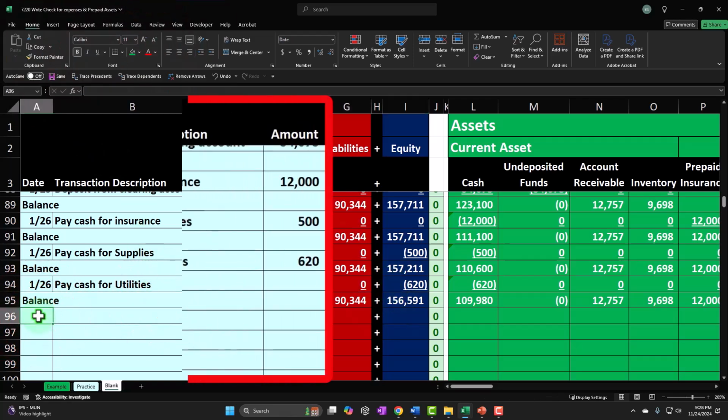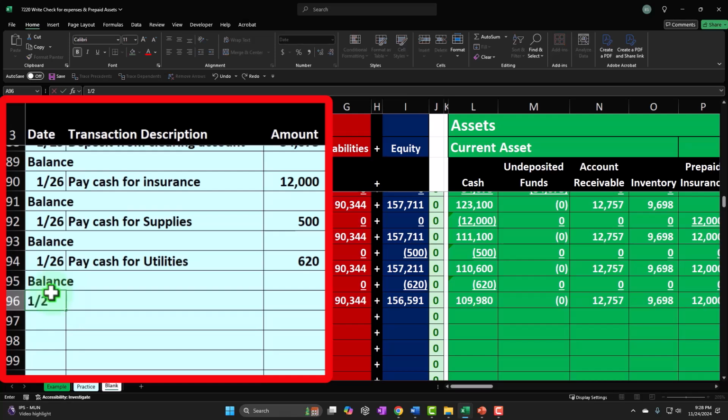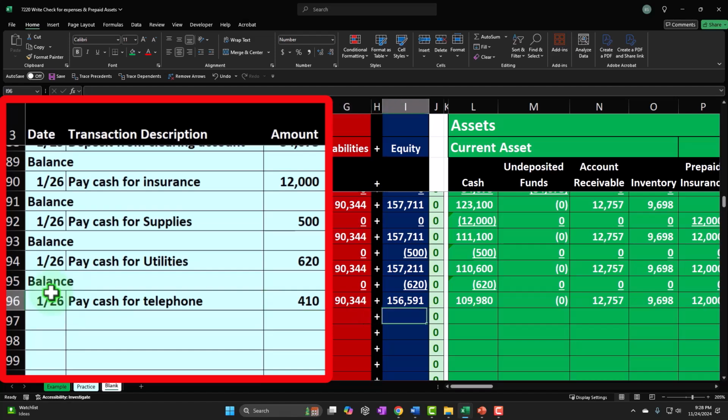One more time. Enjoy this one because this is the last one we get, and then we have to stop for now. Pay cash for telephone. So once again, telephone, monthly bill, something that happens repetitively. If we're paying cash for it, hopefully we can automate that for most bookkeeping services and just pay it as the bill becomes due using the bank feeds, which would just decrease the checking account.